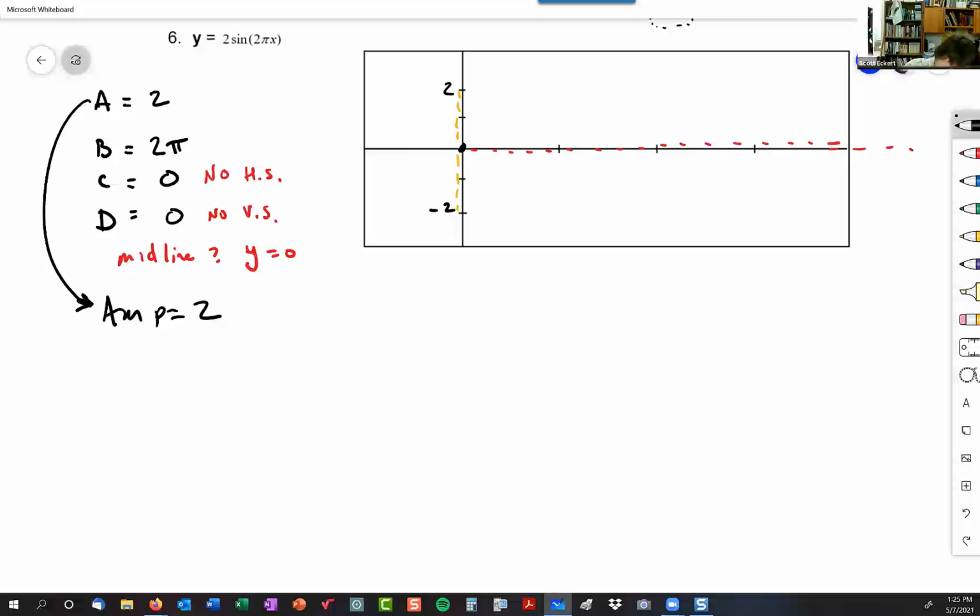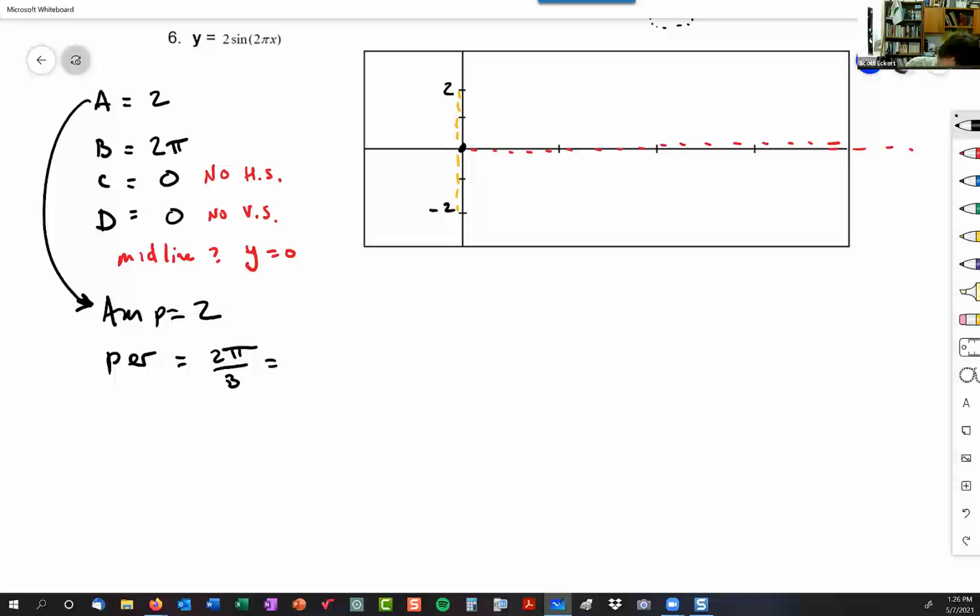Next, we need the period. What is the period? 1. Right. The period has a formula. Now, this is the formula that Madison was telling us about before. There's a formula for period, and we got to use that, 2 pi over b. We know the b number. We can plug it in, and it'll tell us the period.